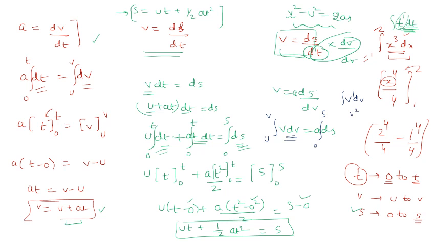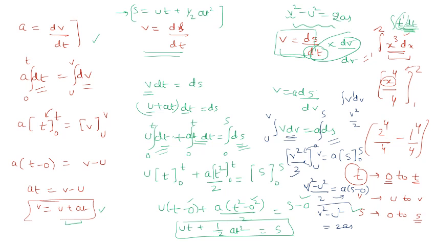What will be the formula? 1 add, divide by the same power. So v square by 2, limit u to v, and the integration of ds is s, 0 to s. So upper limit minus lower limit. So v square minus u square, 2 is already there in the denominator, a s minus 0. So what you have got, v square minus u square equals, 2 will be taken to the right hand side, 2as. In this way you can find all three equations of motion, can derive them.